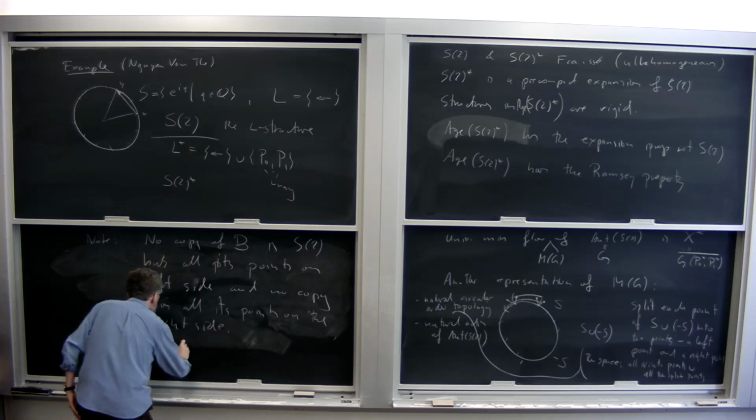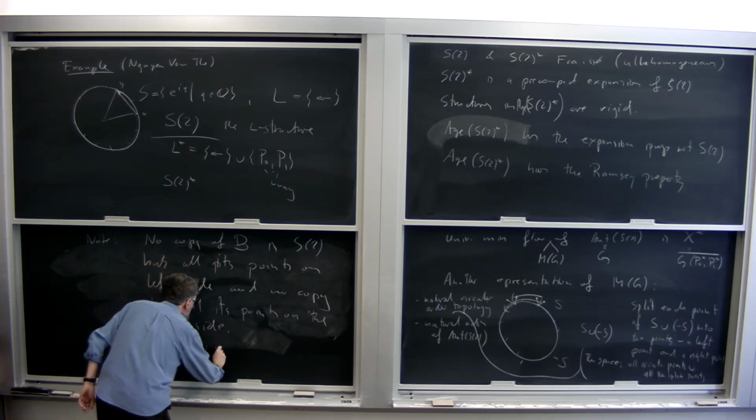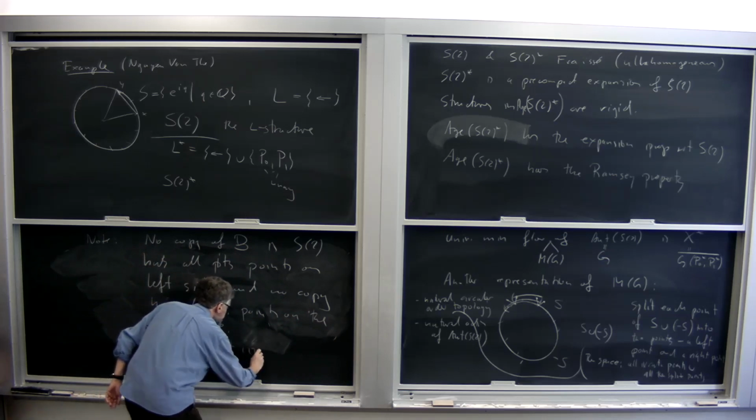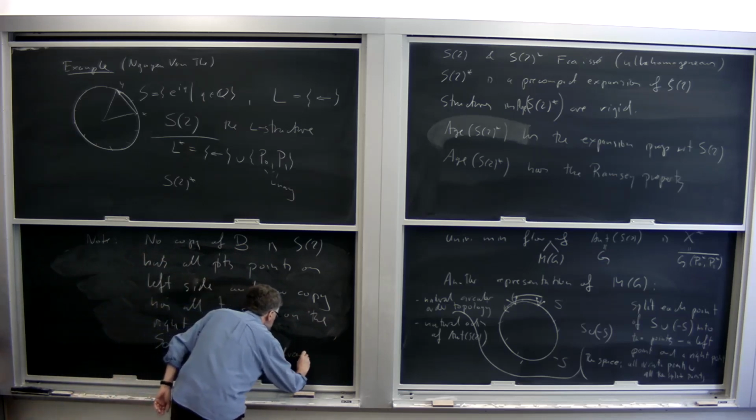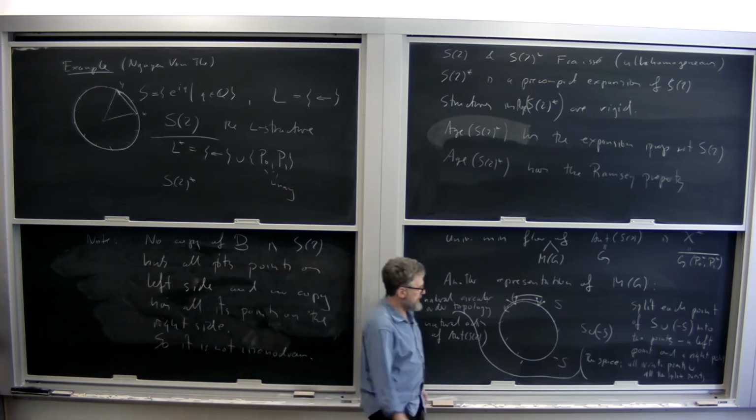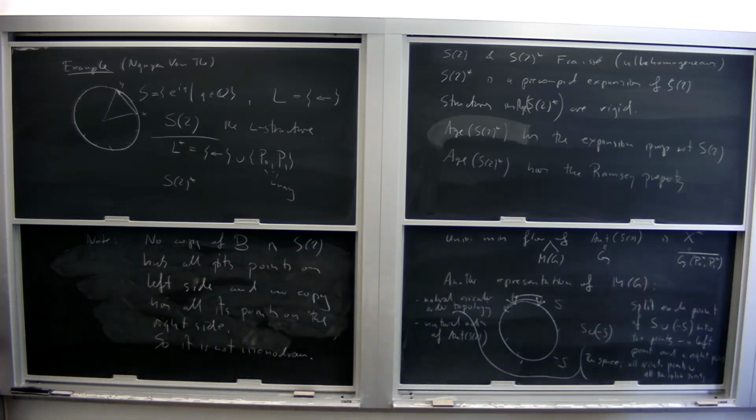So it is not monochromatic. You have points of both colors. All right. So we cannot use a linear order here.